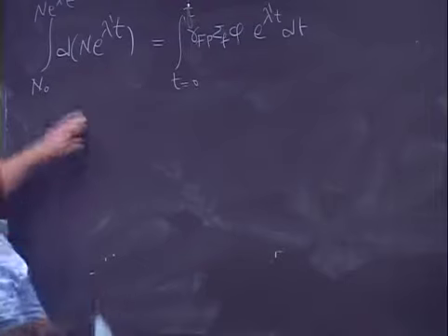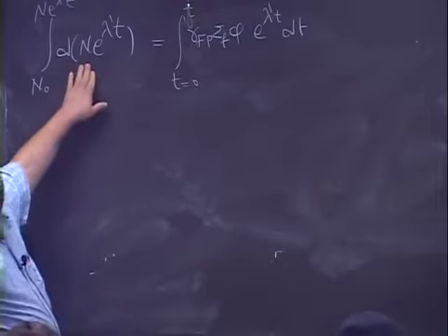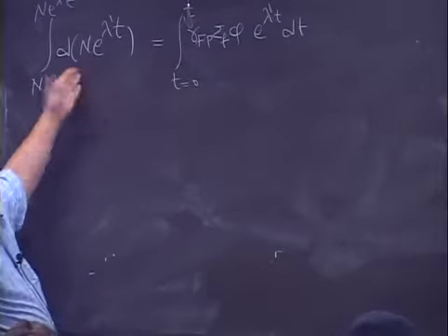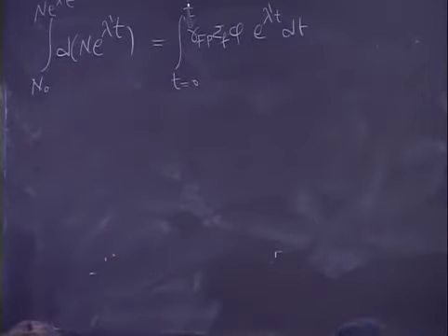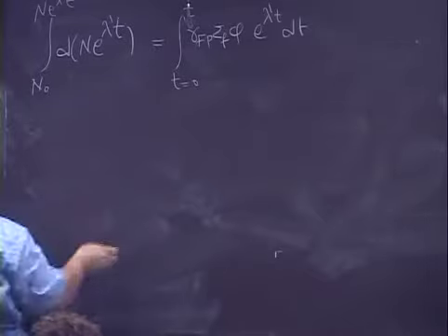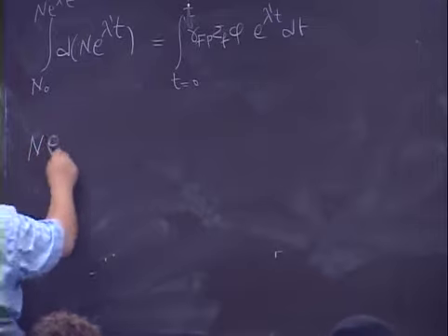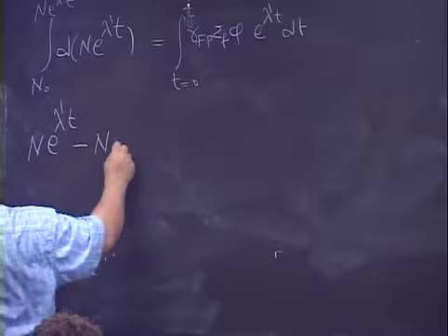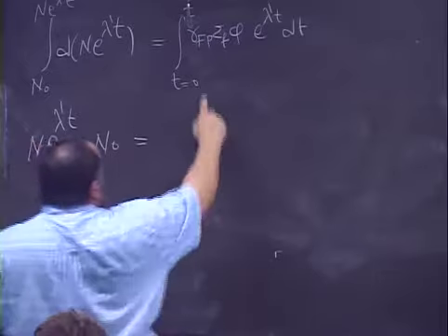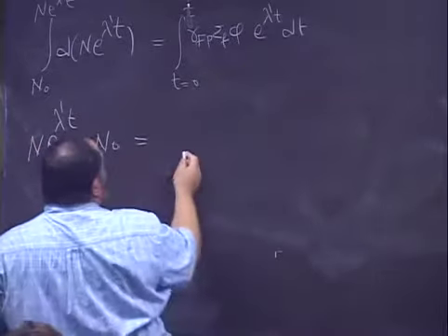So what's the integration of dx? x. So you will have this substituted by the upper minus the lower. So this will give you n e to the power of lambda prime t minus n naught equal to, this term is a constant, so this will give you what?